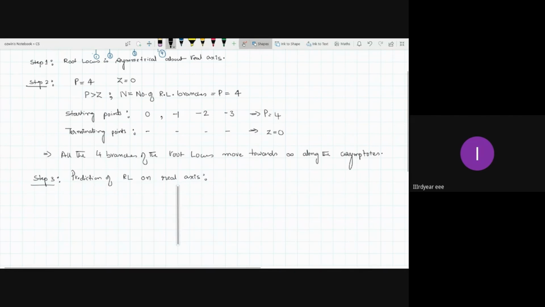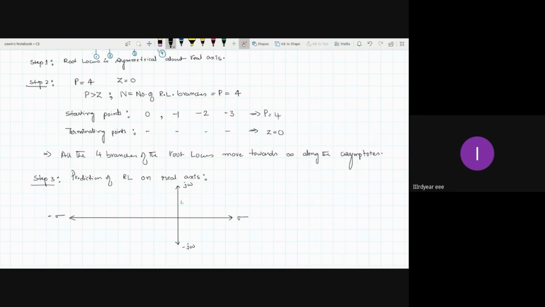Remember one thing: step 3 is applicable only on the real axis. For the imaginary axis, we cannot apply step 3. I myself had confusion while discussing step 3 in the previous class. So we will do the pole zero plot.